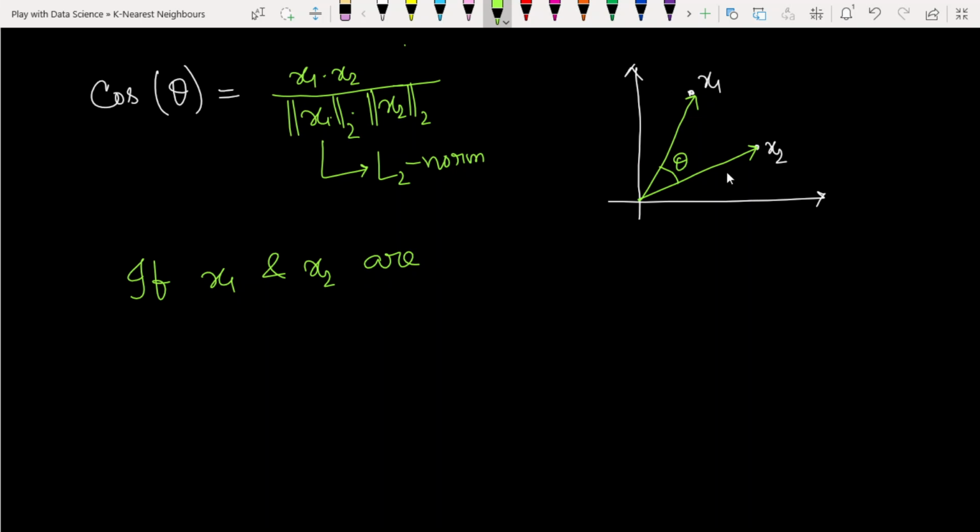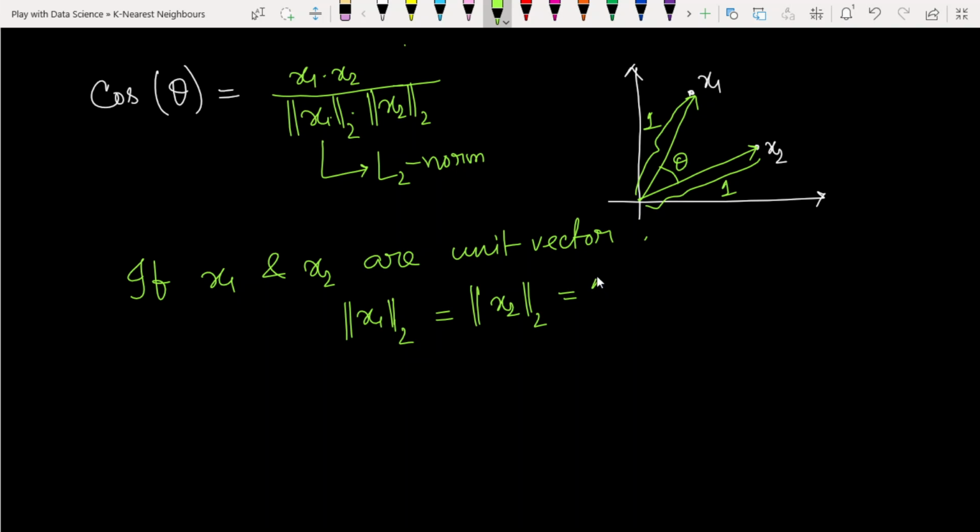Unit vectors means the length of these two vectors is 1, means the L2 norm of x1 is the same as the L2 norm of x2, equal to 1.